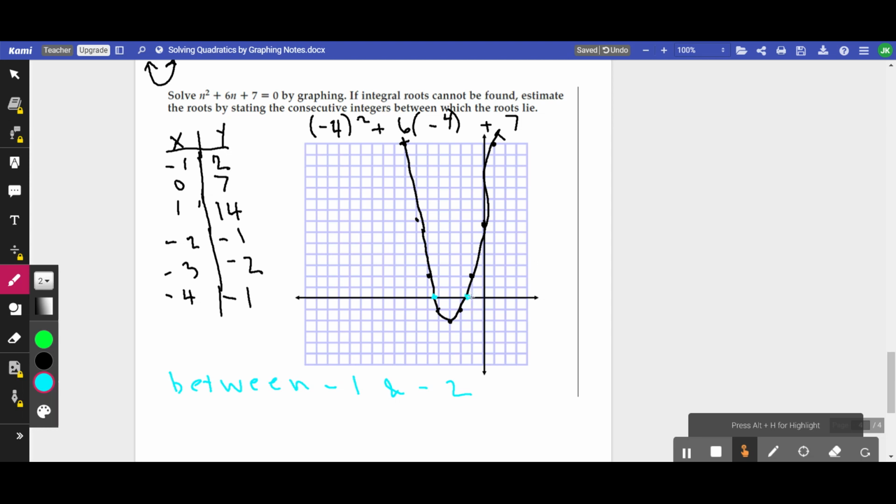So this one's between -1 and -2, so that's -2, -3, -4, -5. So that'd be between -4 and -5 for your other solution. And then that's your answer there.